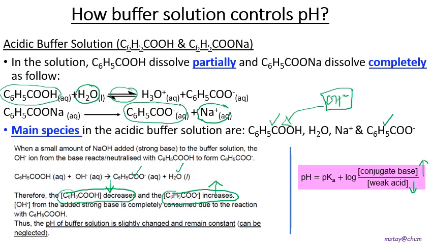From here, it adjusts so that the pH value will remain constant. So basically, this is how we explain qualitatively that the pH value of the buffer solution can be controlled or remain constant when a small amount of strong acid and strong base are added respectively.